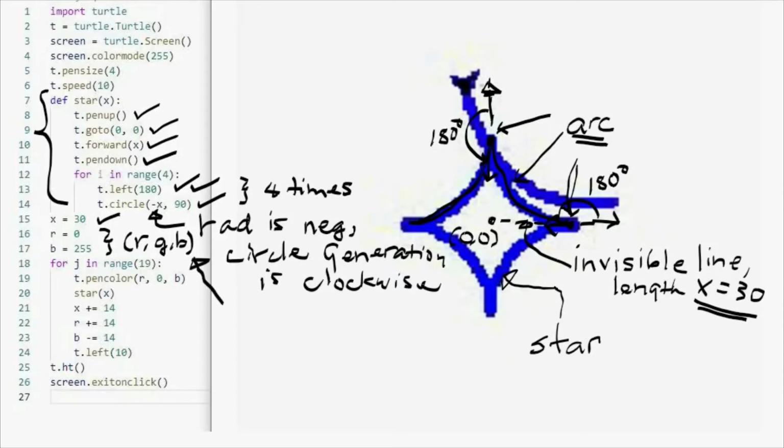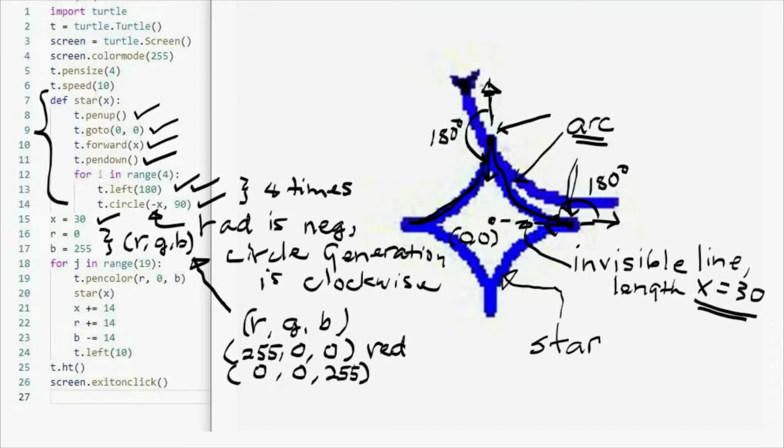Just in case you don't know about this, if it is 255 for the R, 0 for the G, and 0 for the B, this color is red. And if R is 0, G is 0 and B is 255, the color is blue.